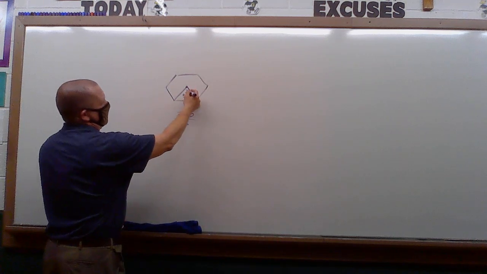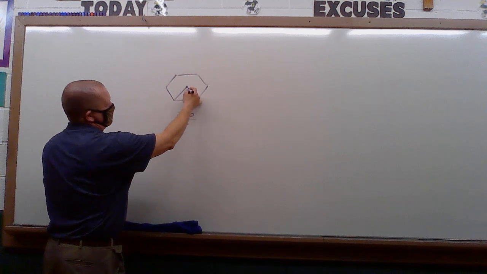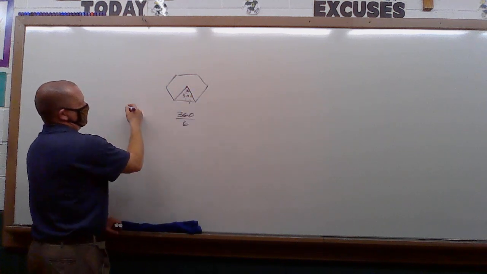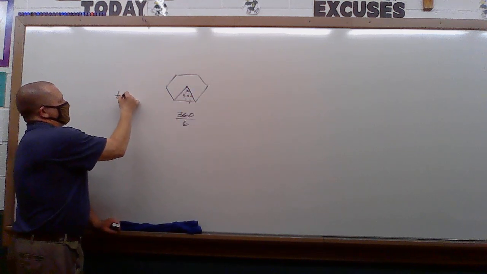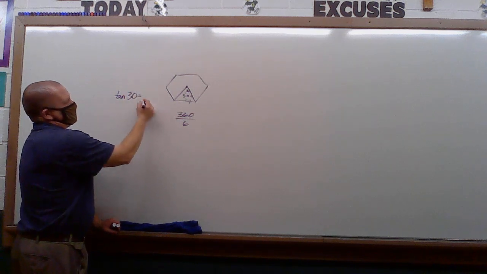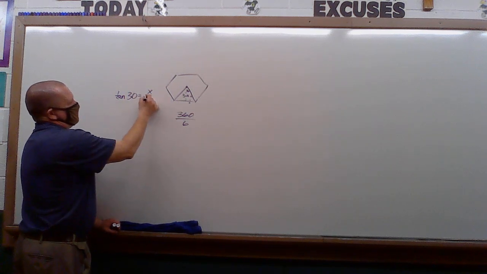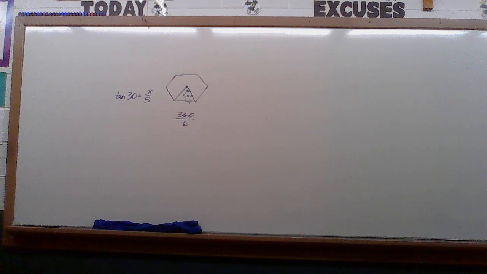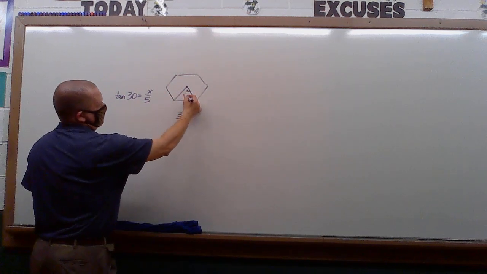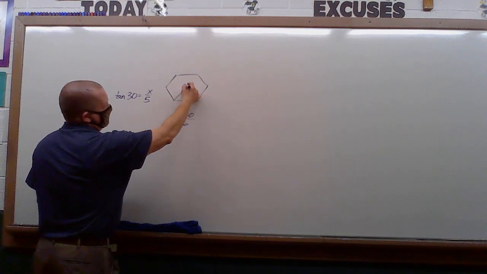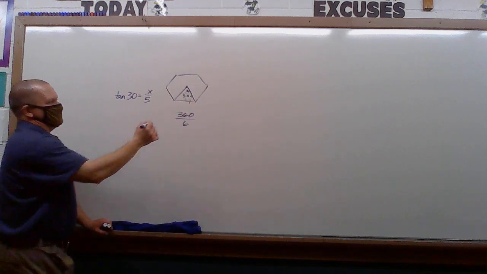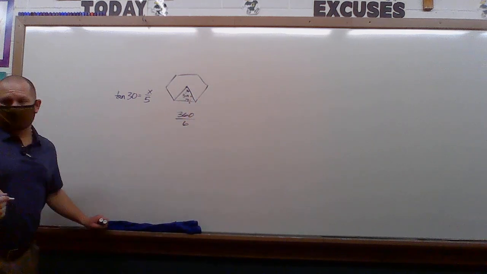If I do SOHCAHTOA, I'm starting at the 30 and I'm using those two sides. So what two sides would I use? I'd use tangent of 30, which is the opposite over the adjacent. From the 30, we look opposite and adjacent.